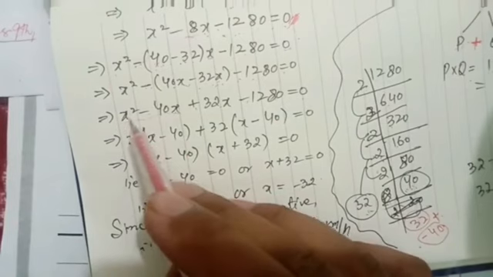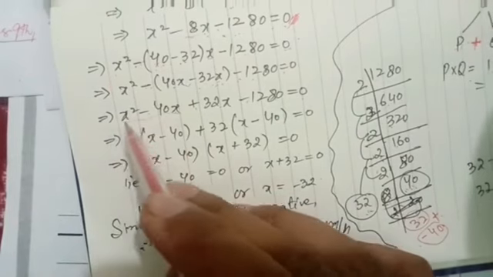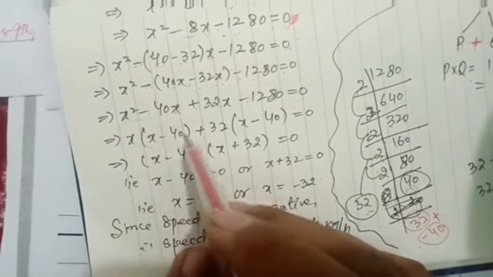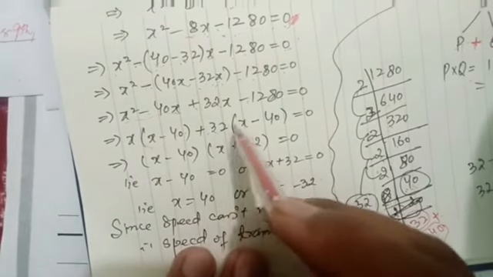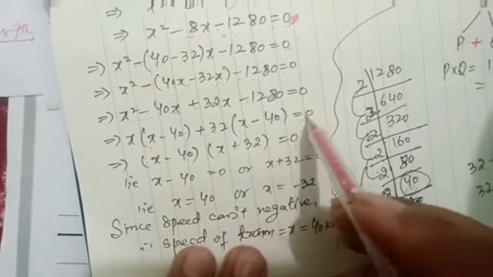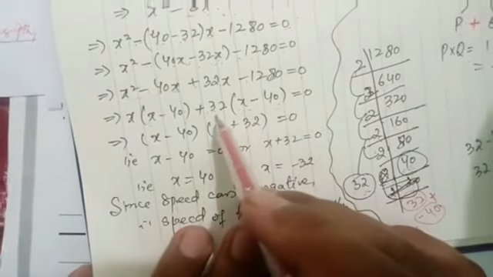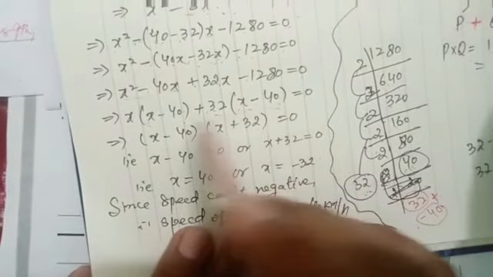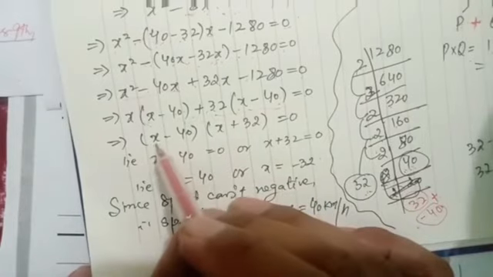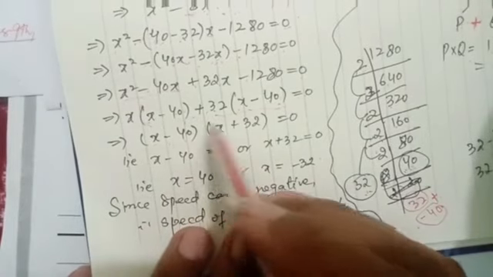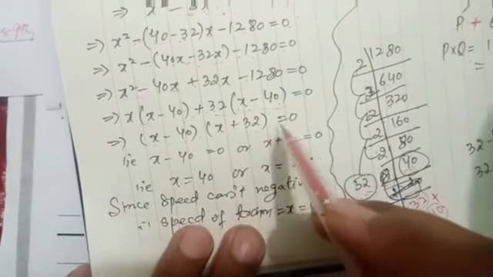Here 1x I took common, here is only x minus 40, plus I took 32 common, here will remain x minus 40 is equal to 0. X minus 40 is common in both these two terms, so I took here x minus 40, and here will remain x plus 32 is equal to 0.